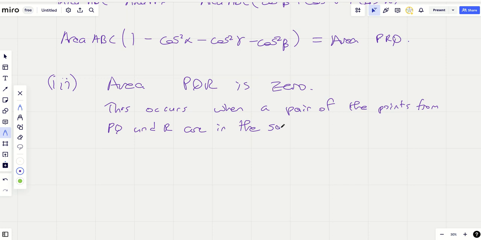I think the correct way to say it is coincident. When this occurs, it must be a right angled triangle.